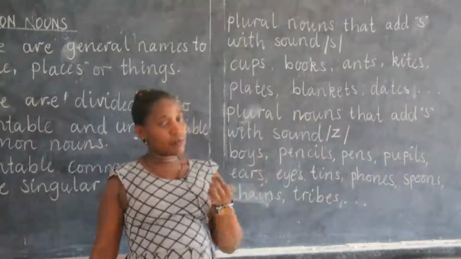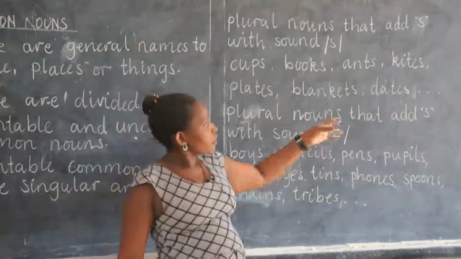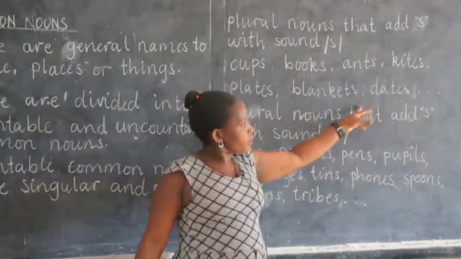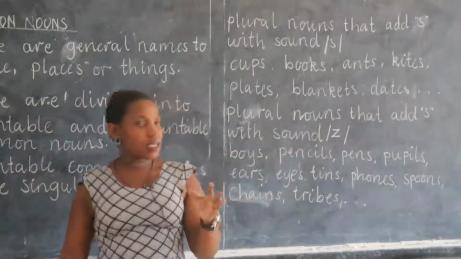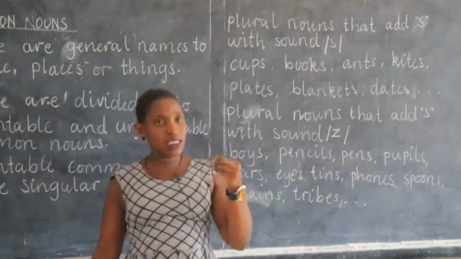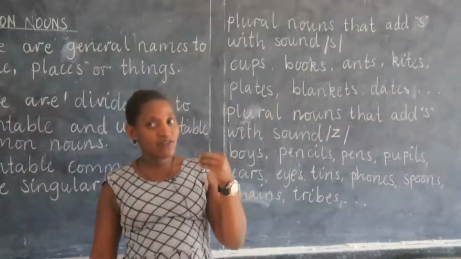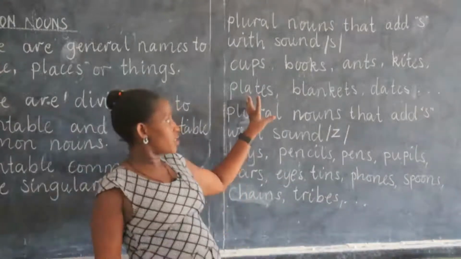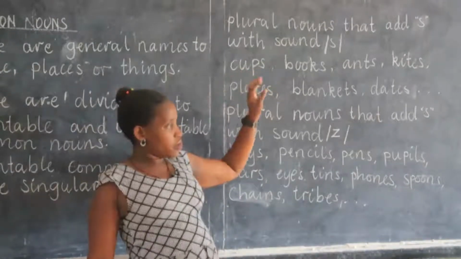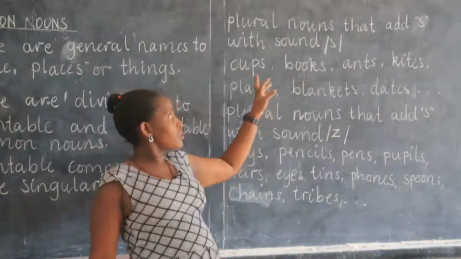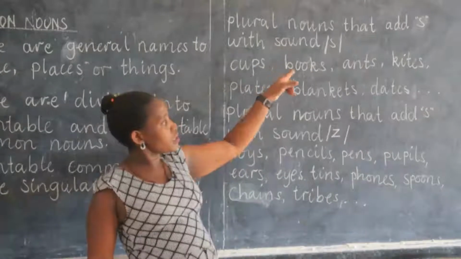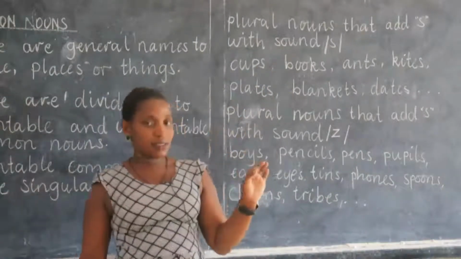Blanket, then blankets. Date, then dates. You hear the last sound is s. We have very many of these ones. You can mention very many others that end with s, but the sound is s.